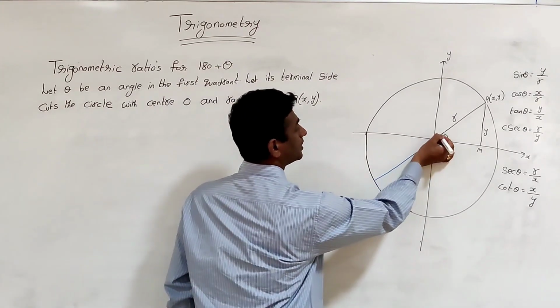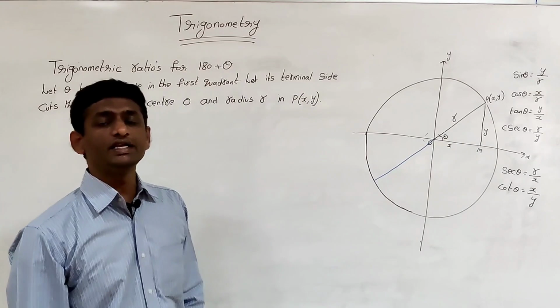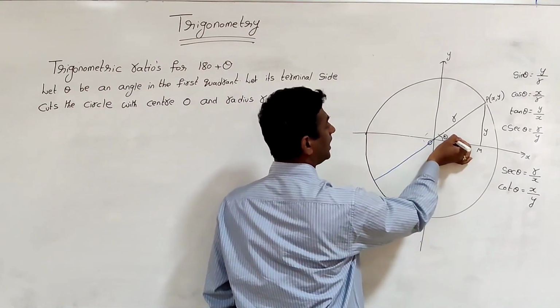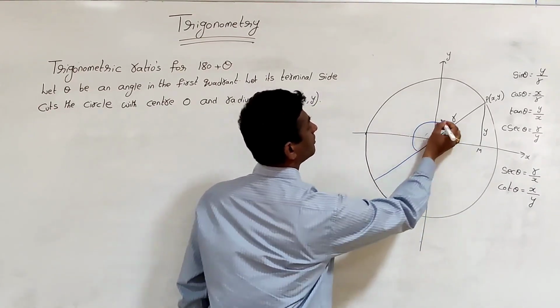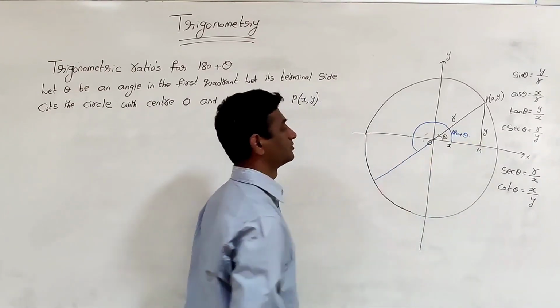Means if this is 180, then the total angle from the initial ray will be 180 plus theta. The angle from the initial ray to the terminal ray will be 180 plus theta.